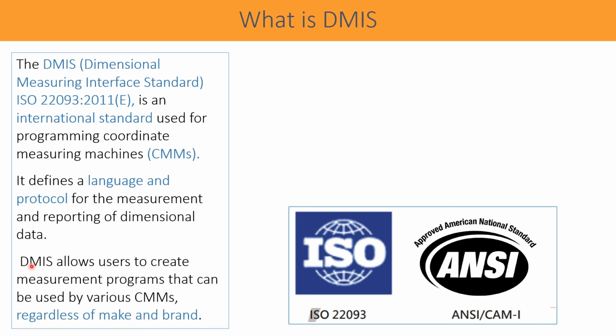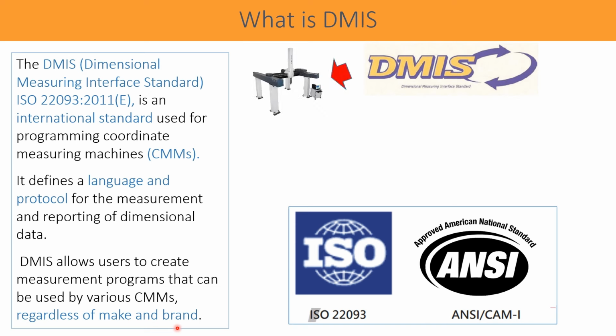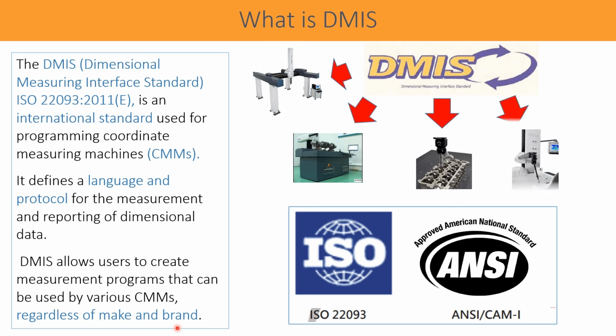DMIS allows users to create measurement programs that can be used by various CMMs, regardless of make and brand. To make it simpler, we can say that users do not need to learn different software of different make machines, but by learning one single programming language, useful for all, with little effort of learning the operations of the CMM software.